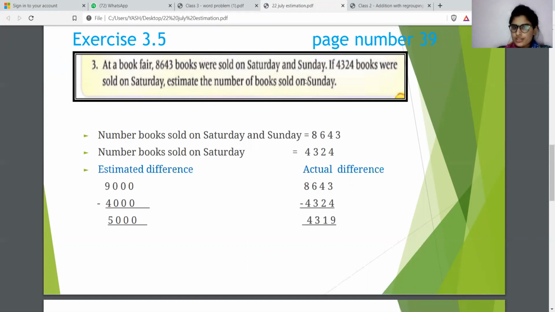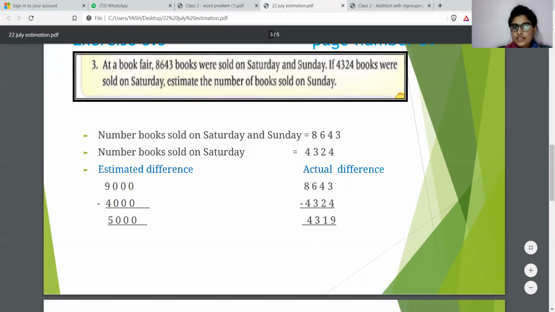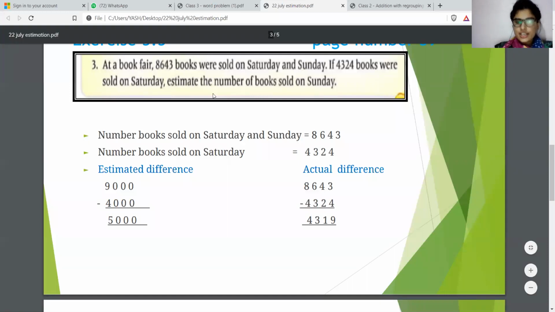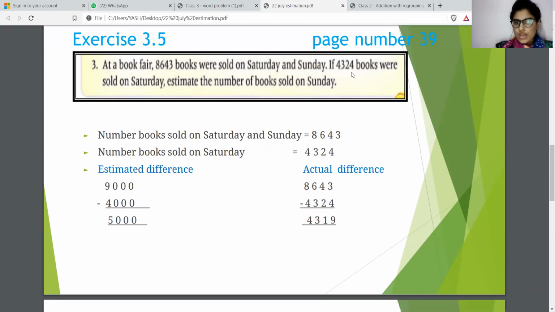We know in this question we need to do subtraction. Why? Because the Saturday and Sunday books sold are given, and it is also given that on Saturday 4,324 books were sold. So if I subtract 4,324 from 8,643, I'll get the number of books sold on Sunday. So let's do the subtraction.